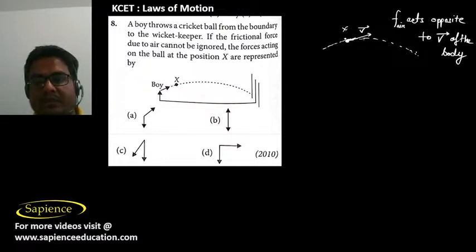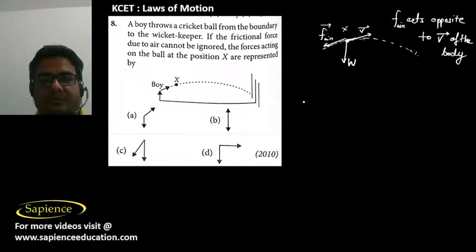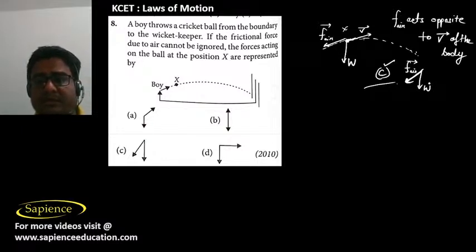So the frictional force of the air will act opposite to that, and the gravitational force, which is the weight, will also act. The frictional force of the air is acting opposite to the velocity, and the weight is acting vertically downwards. So option C is the correct answer.